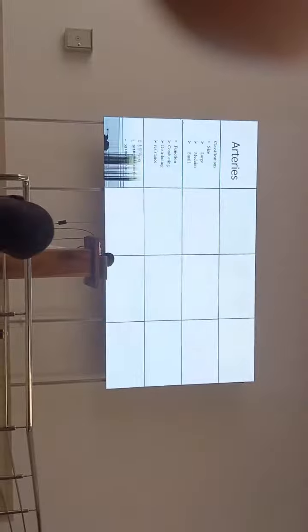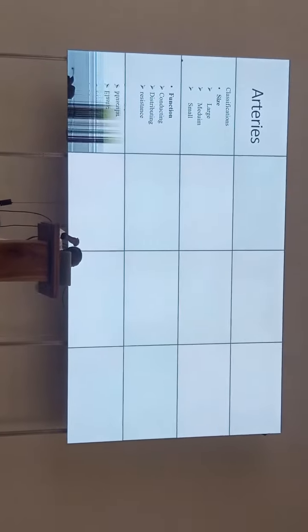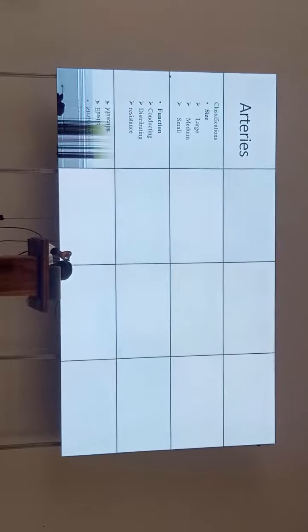According to the diagram that is there, in actual sense the other ones should have more vasa vasora. Why? Because they have thicker walls. But nevertheless, even veins can have vasa vasora.